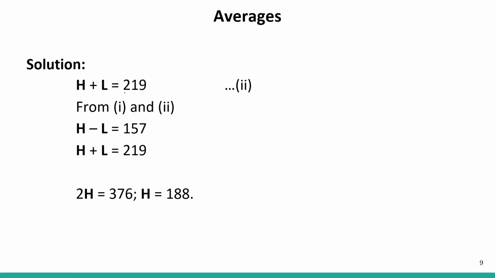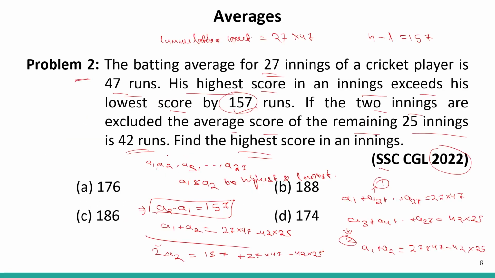So H plus L is equal to 219, and H minus L is equal to 157. By solving these two simultaneous equations, by cancelling L and adding these two, 2H will be 376. So this implies that H is equal to 188. So the highest score will be 188. Among these 4 options, 188 is the only correct one.